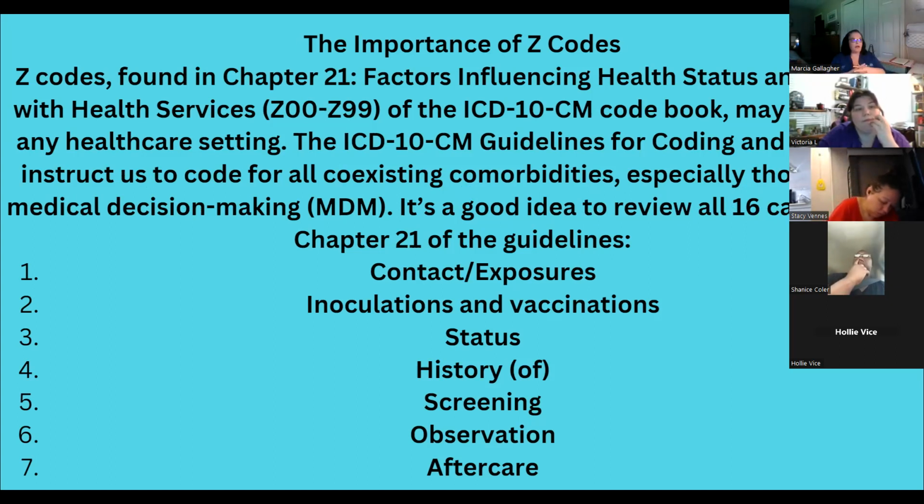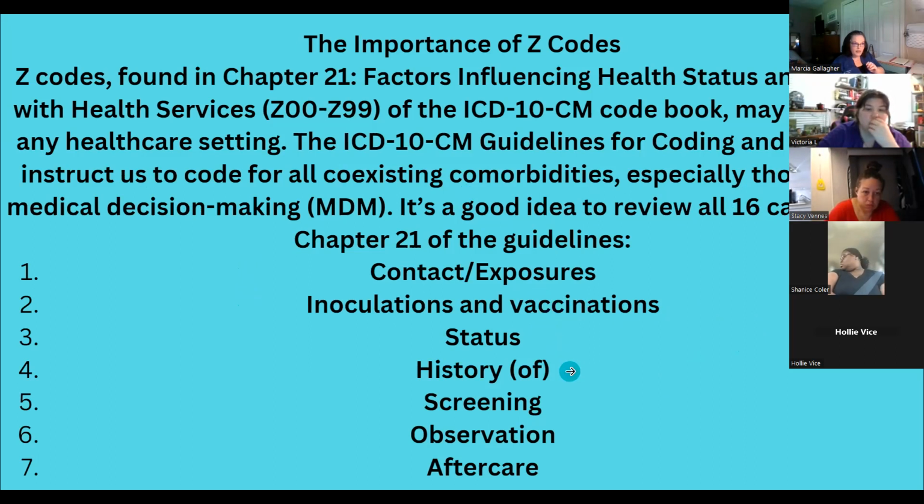So let's just talk about what is all in the Z codes. Contact exposures. So if you were exposed to smallpox, it's going to be found in the Z codes. Inoculations and vaccinations. Anytime that you have to have a vaccination, it's there.